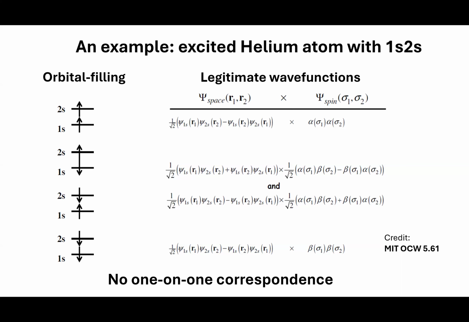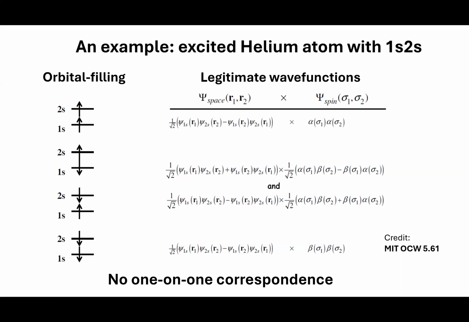Okay, so this is a set of wave functions. They're legitimate. They satisfy all those requirements. And what is important is that there's actually no one-to-one correspondence between the orbital filling picture and the many-electron wave function. For example, if we look at the first picture of the orbital filling, we have both 1s and 2s spin up.